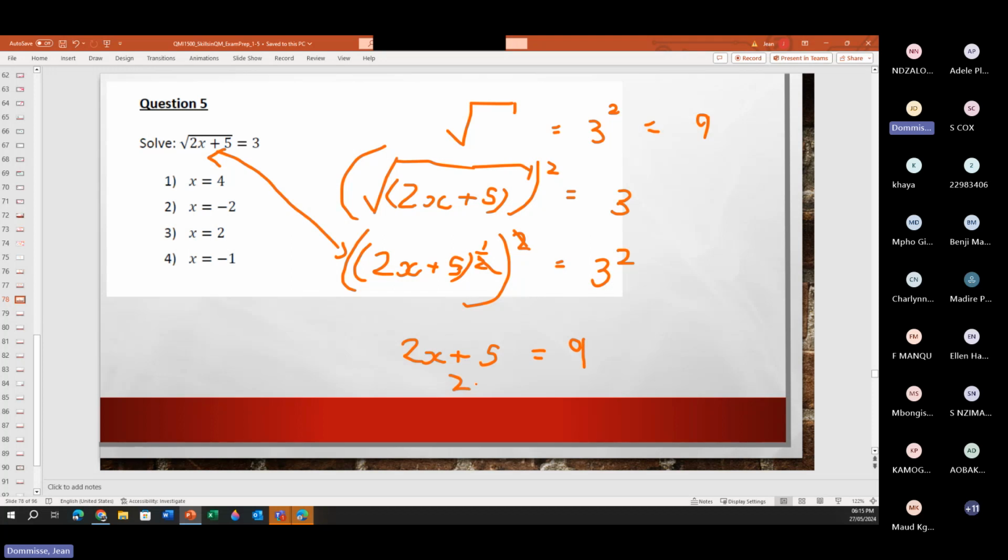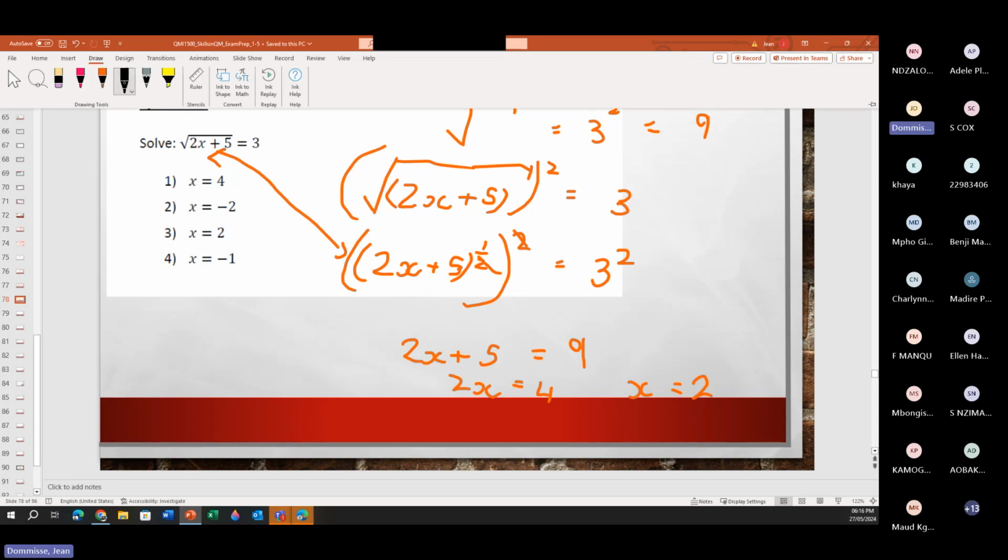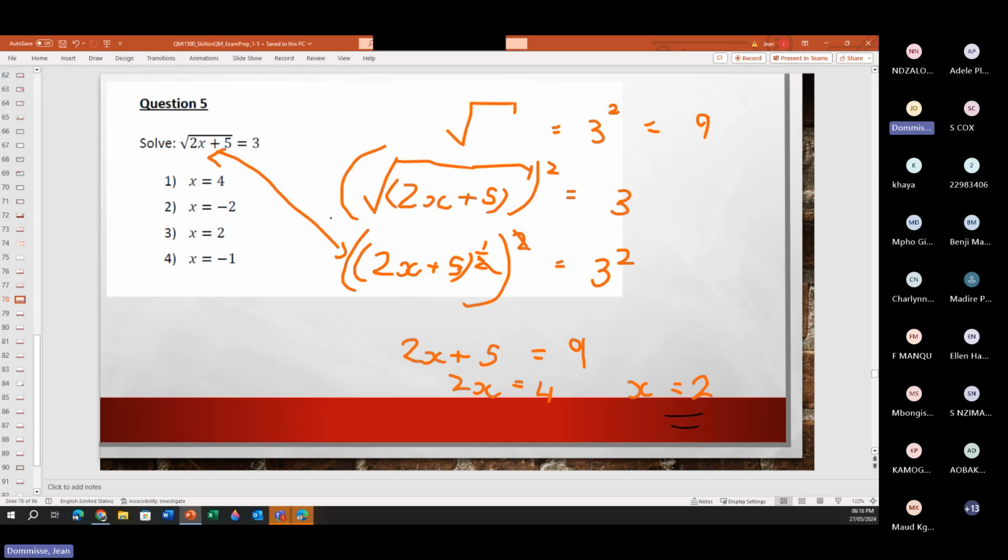So 2x is equal to, that goes over to that side, 4. So x is equal to 2. I will always check my answer: if x is 2, 2 times 2 is 4, 4 plus 5 is 9. The root of 9 is 3. Okay, so we know that is correct.